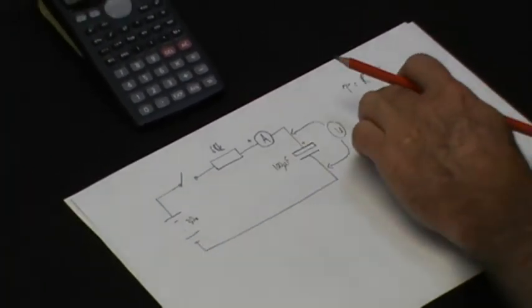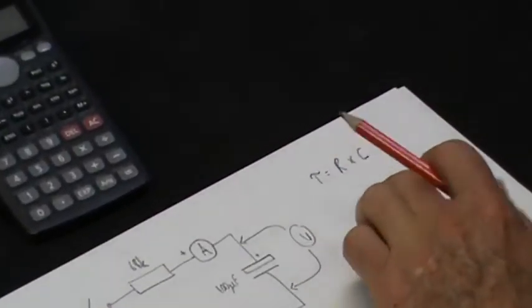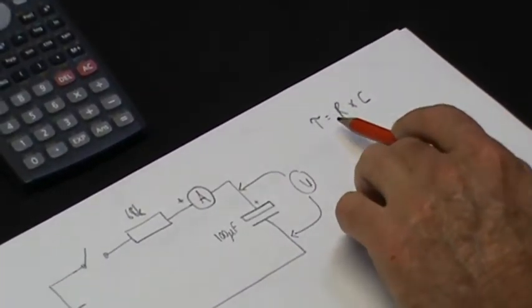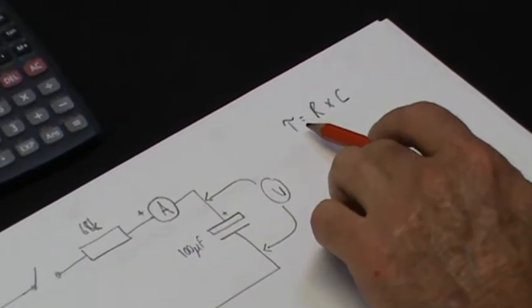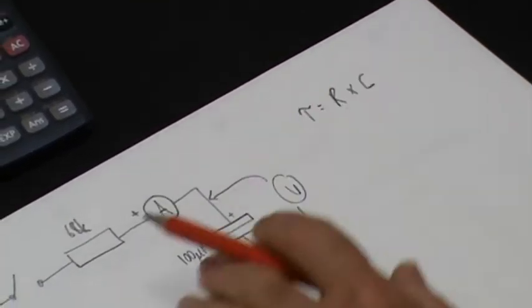The first thing we can work out, now that we know the resistance and the capacitance, is the time constant of the circuit. As per the equation data sheets or your formula sheets, tau is equal to the resistance times the capacitance.